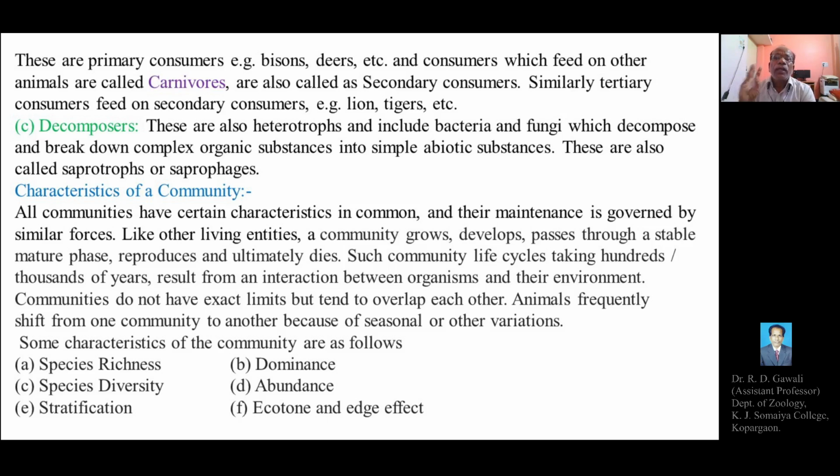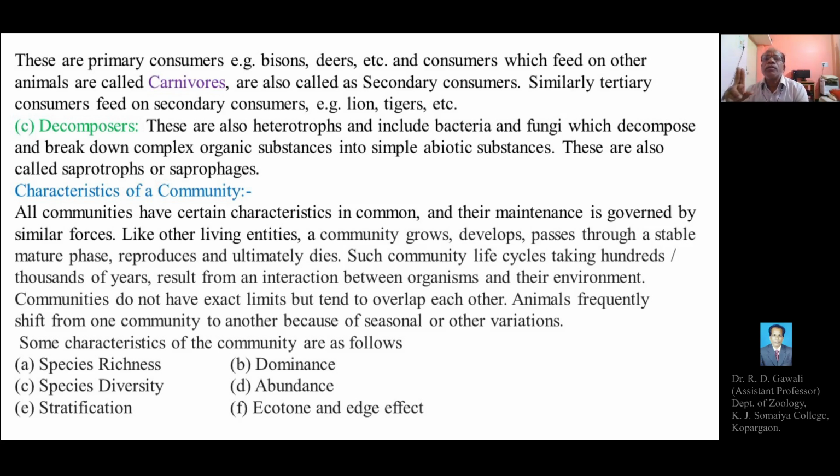So, at first, the heterotrophs or the animals which are directly feeding onto the plants and plant parts are called as herbivores or the primary consumers, and the examples are bisons, deers, sheep, goat, etc., which are feeding on the plants or plant products directly. Then the consumers which feed on other animals are called as carnivores, also called as secondary consumers.